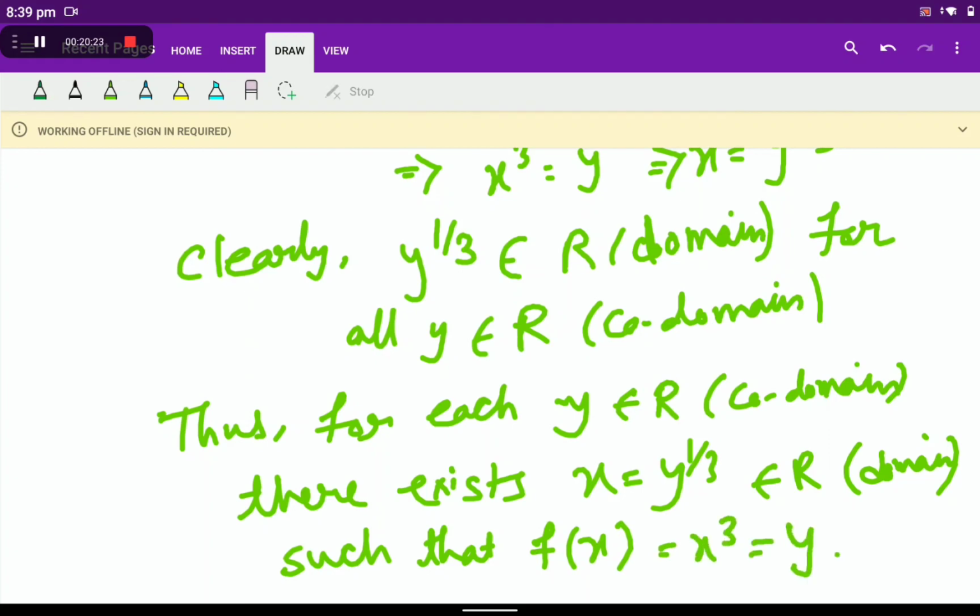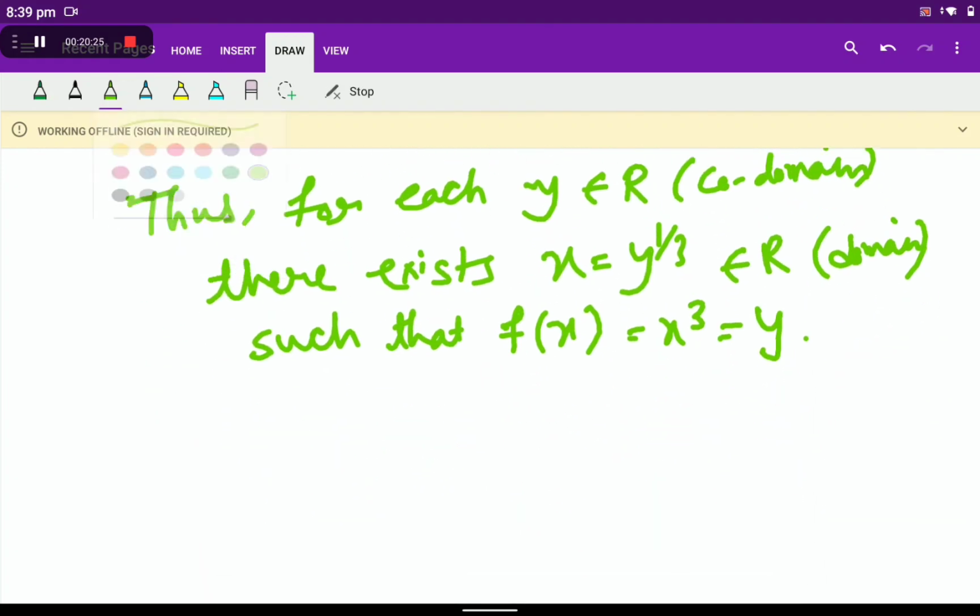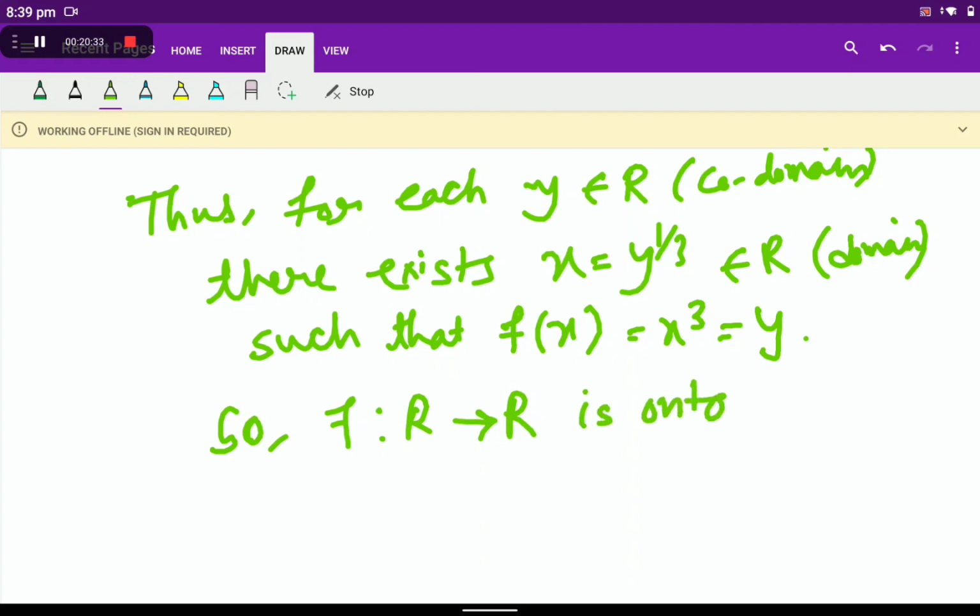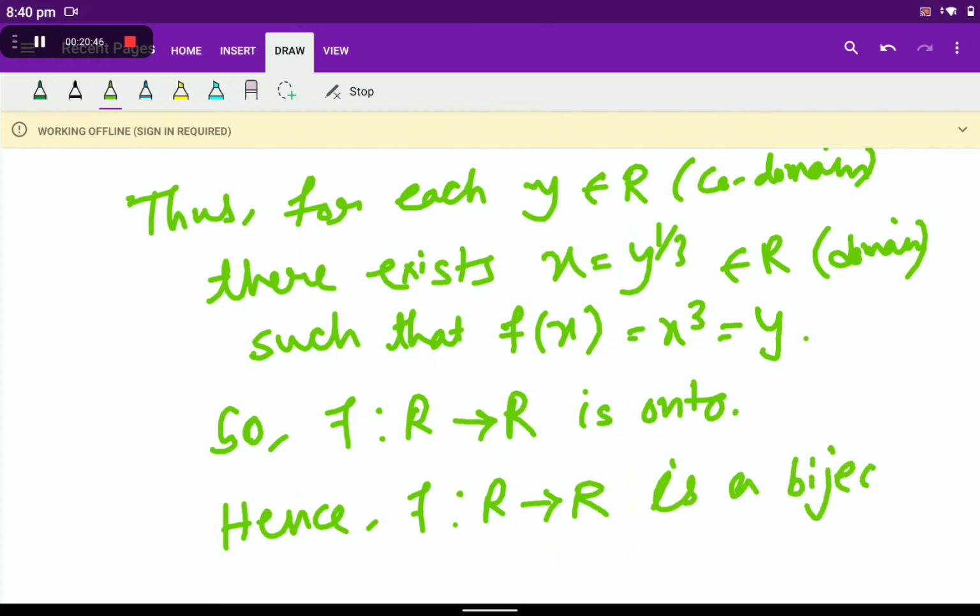So finally, f maps R to R is onto. Hence f maps R to R, defined as f of x equals x cube, is a bijection. So this completes our proof.